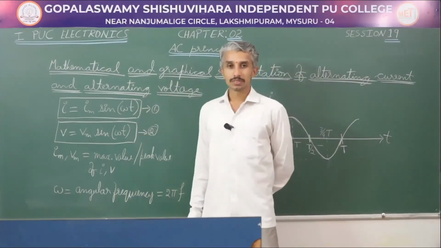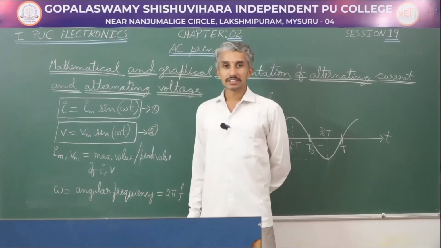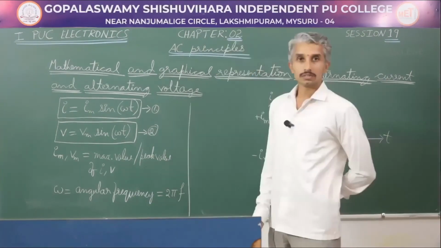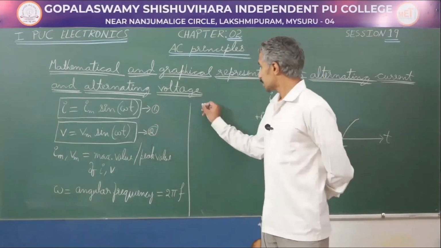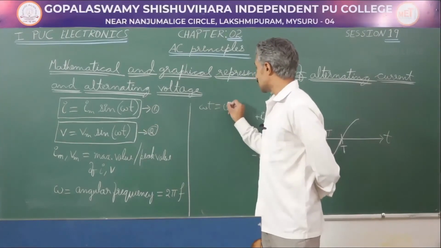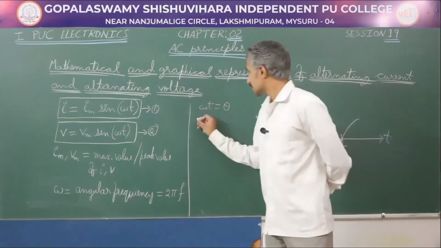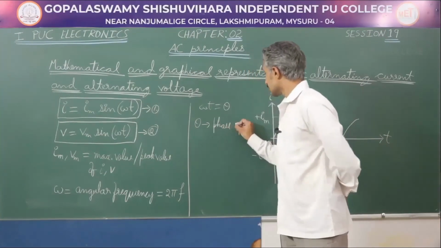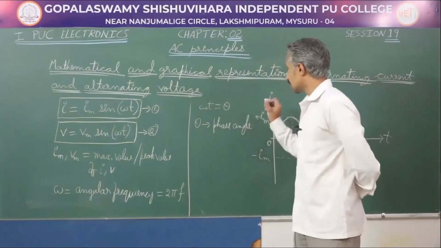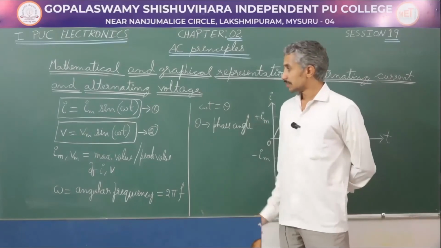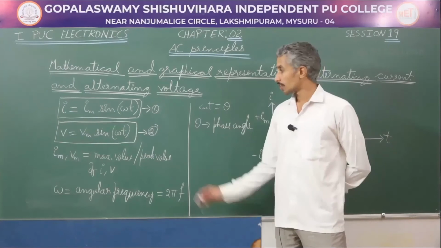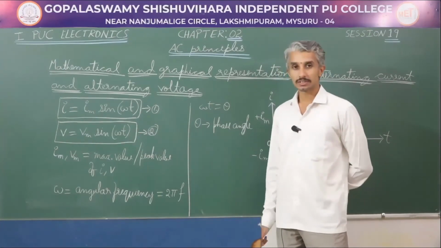In our home, the power supplied changes its polarity 50 times per second, so its frequency is 50 hertz. Further, omega into t can simply be written as theta, and this theta is called the phase angle. So, this is everything about the mathematical representation of alternating current or alternating voltage.